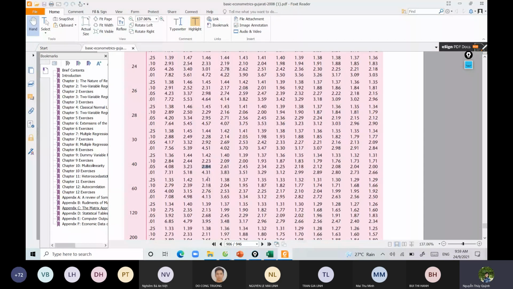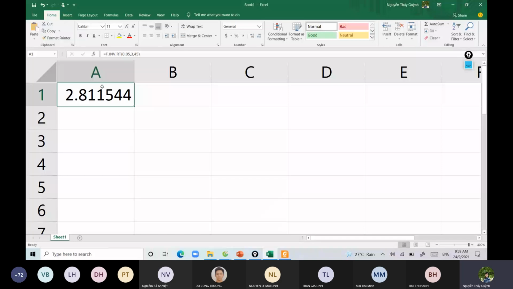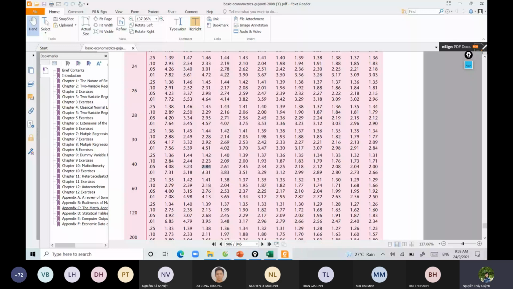And the actual value that we can find by using Excel here is 2.812, which is very close to the value that we can calculate using a value at the median, a value between these two values, 2.84 and 2.76.